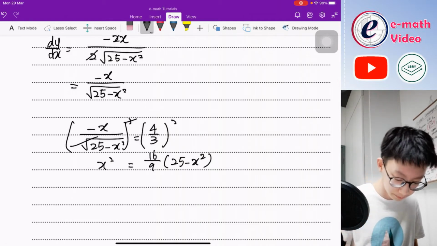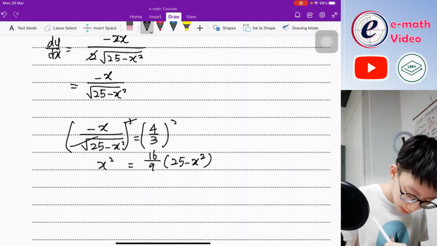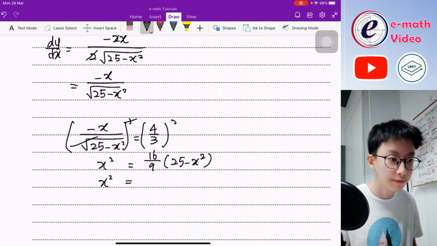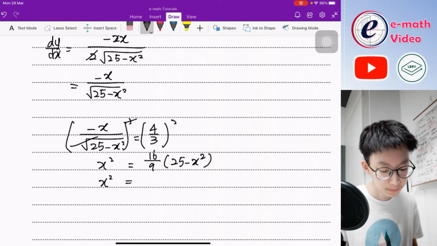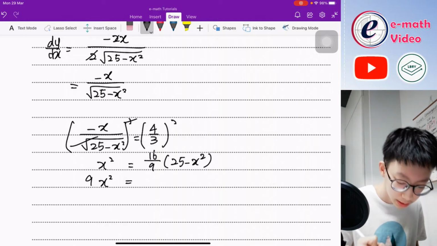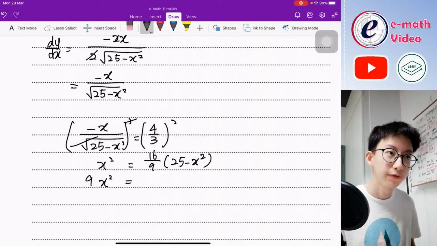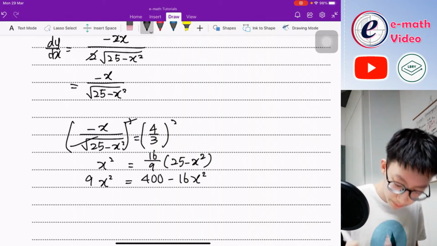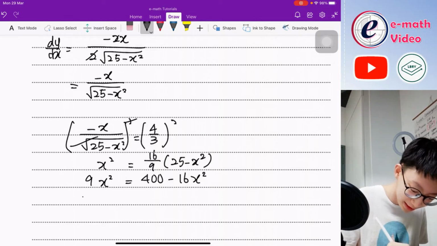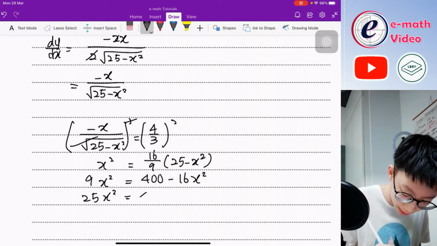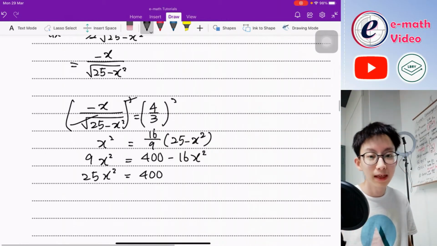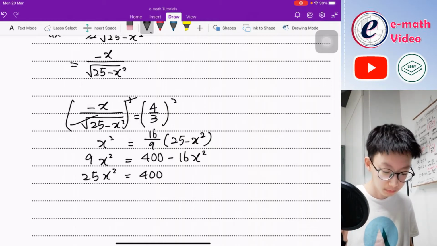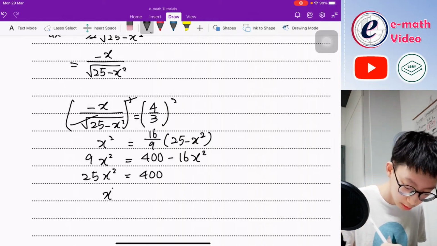Just go ahead: 9x squared equals 16 times 25 minus x squared, which is 400 minus 16x squared. Bring it over, you see, it's very nice. 25x squared is 400. 400 divided by 25 is 16. Right?